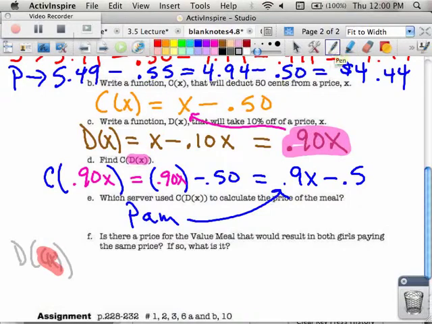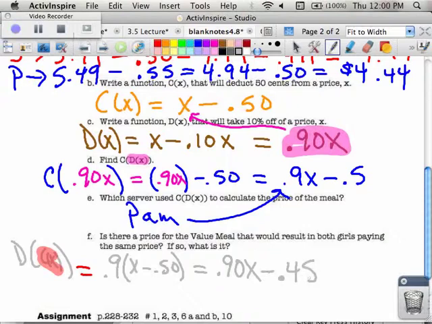And so when I do that, what I'm saying is that the d function, which was 0.9 times whatever the x was, and the x was whatever I was shoving in, which was the c function, x minus 0.50. And then I simplify that. So 0.9 times x is 0.90x, like I had. And then 0.9 times negative 0.5 is negative 0.45.